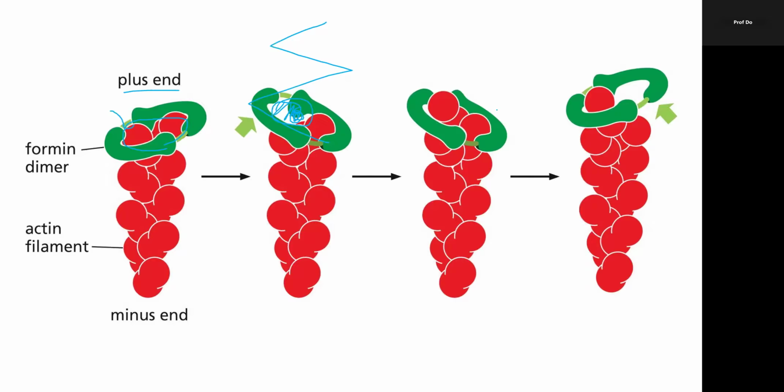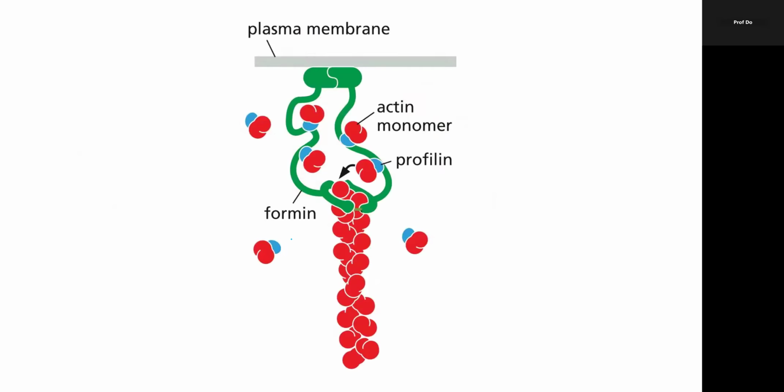And then it's going to zigzag upwards, where now you have another area that actin can bind to. So formin is there to highlight, hey, actin subunits, this is where you can come in and start forming. And indeed, this is what happens.